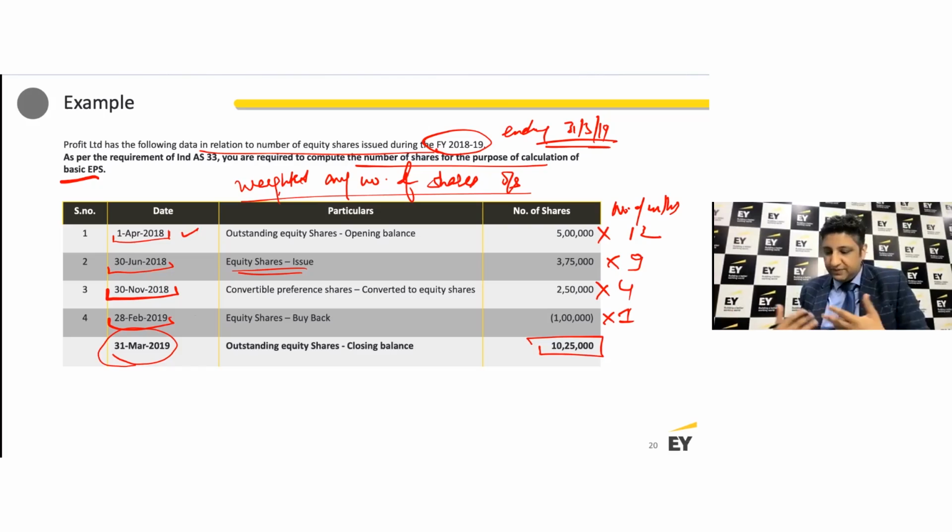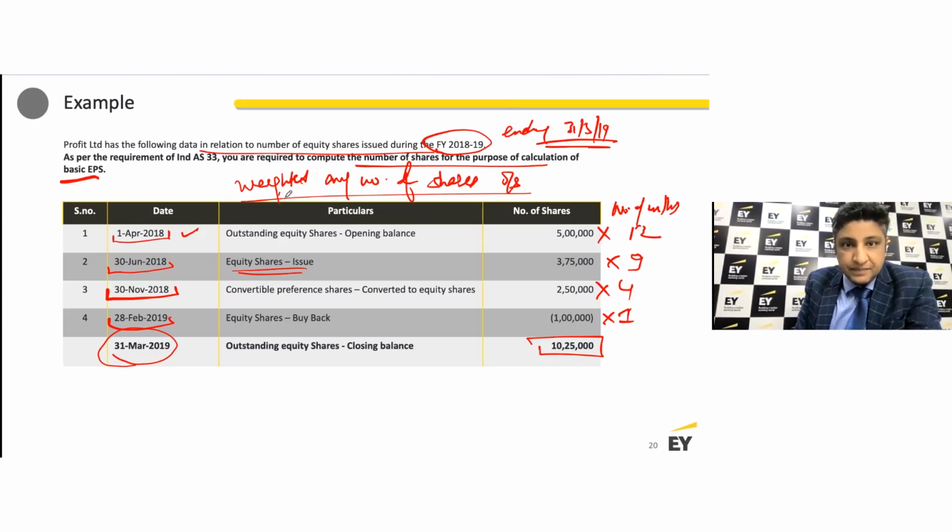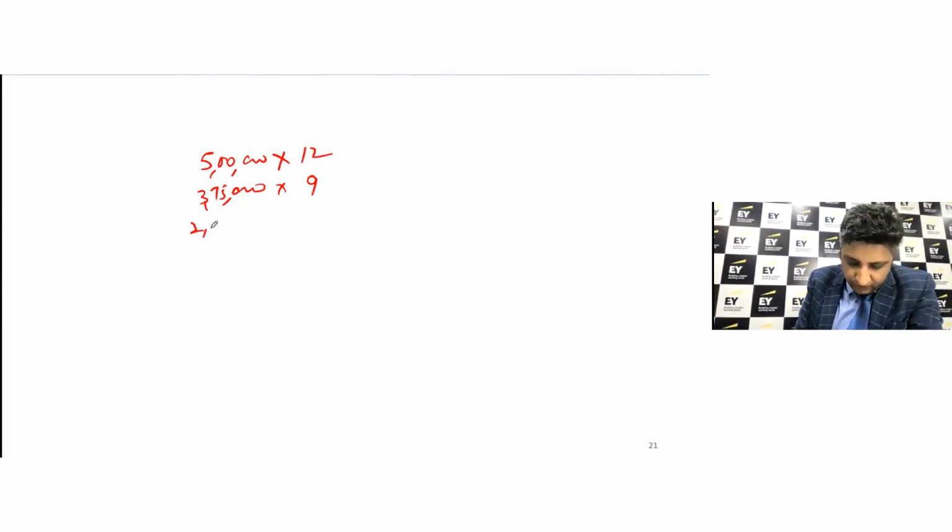So from that calculation perspective, we can arrive at the number here, and let's use these numbers: 5 into 12, 375 into 9. So let's do that. We have 500,000 into 12, 375 into 9, 250 into 4, and minus 1 lakh into 1.